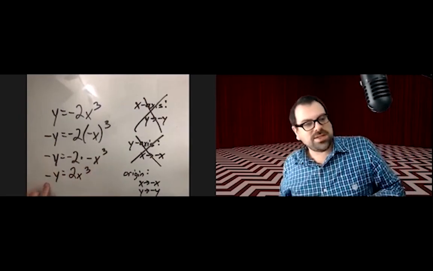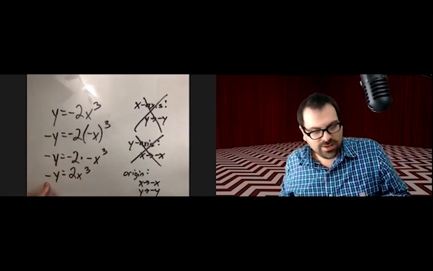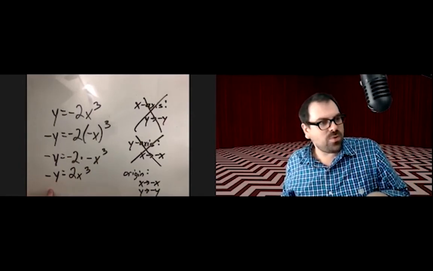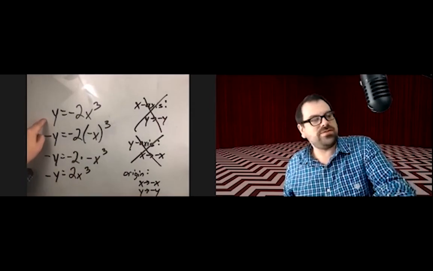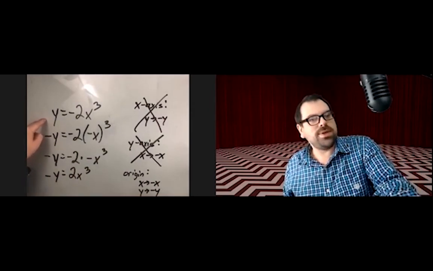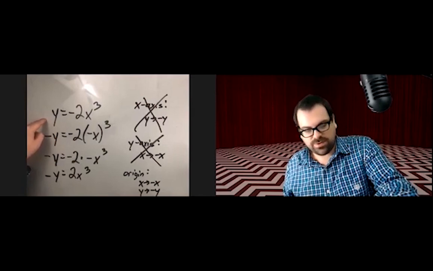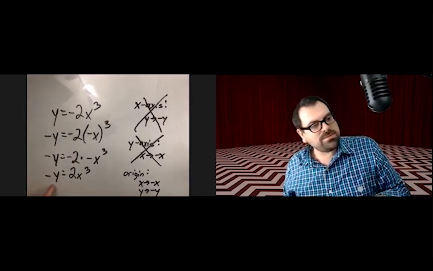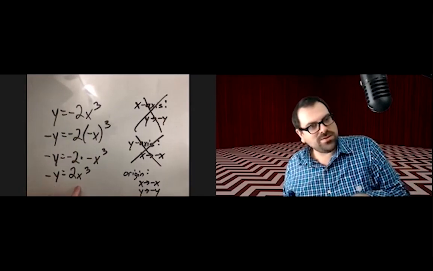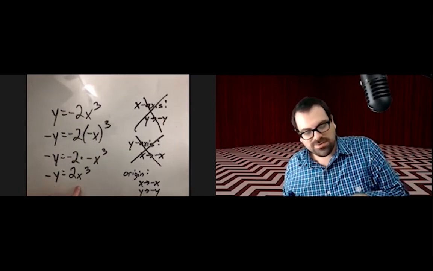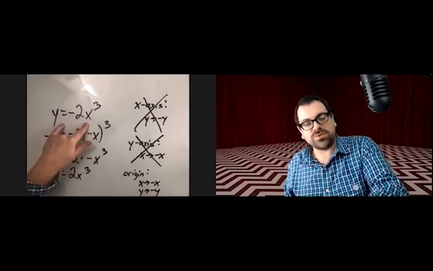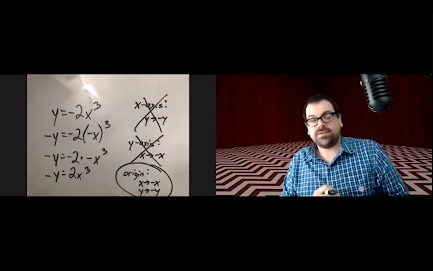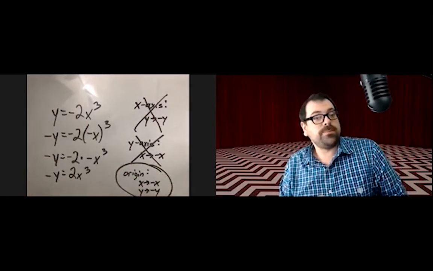But here, when we solve for y, take the opposite of both sides. What are we going to get? Y equals negative 2x cubed. It will be the same as the original. Take the opposite of both sides. Negative y becomes positive y. Positive 2x cubed becomes negative 2x cubed. Y equals negative 2x cubed is our original. This does have origin symmetry.